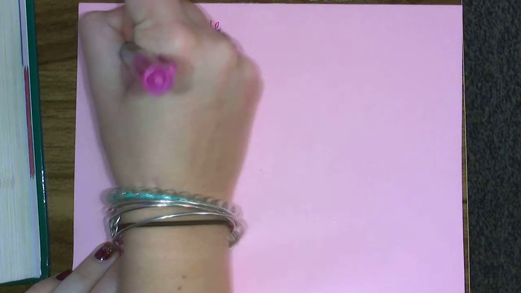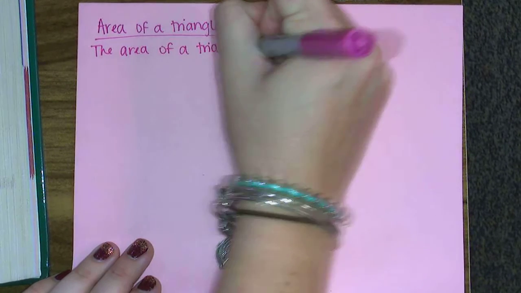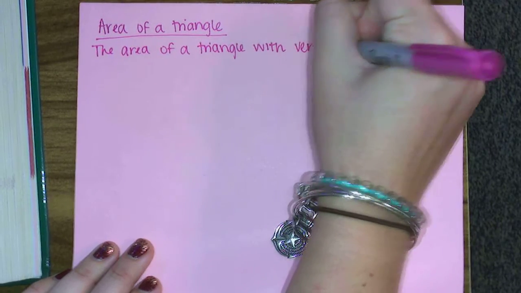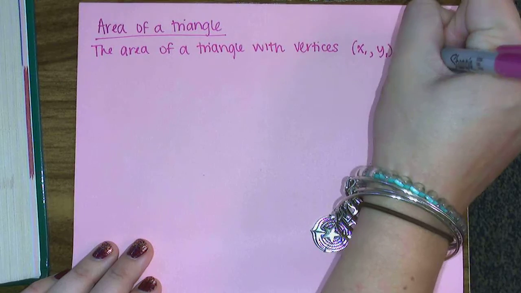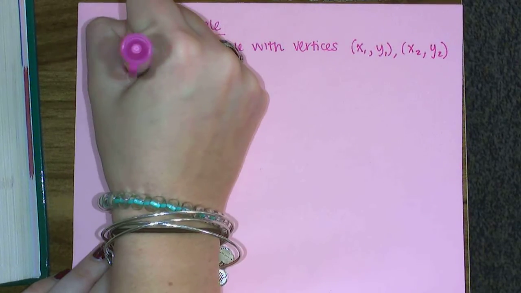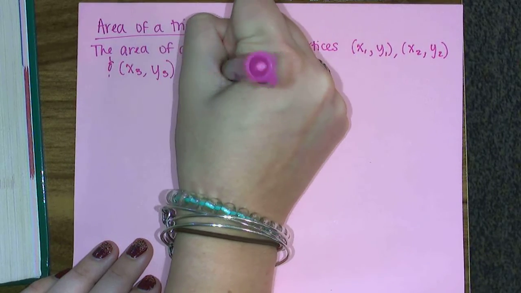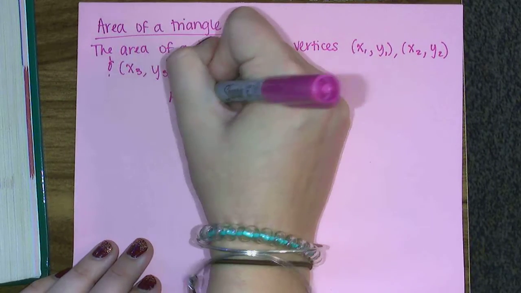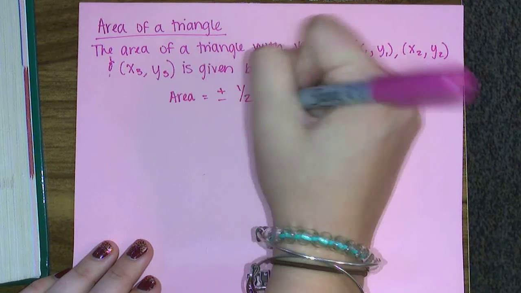The area of a triangle with vertices x1, y1, x2, y2, and x3, y3 is given by: area is equal to plus or minus 1/2 of the determinant.